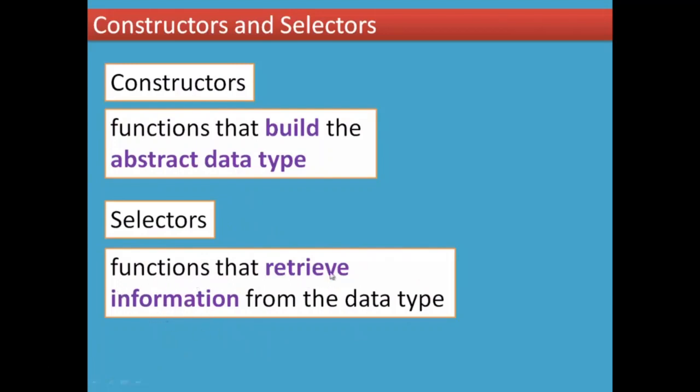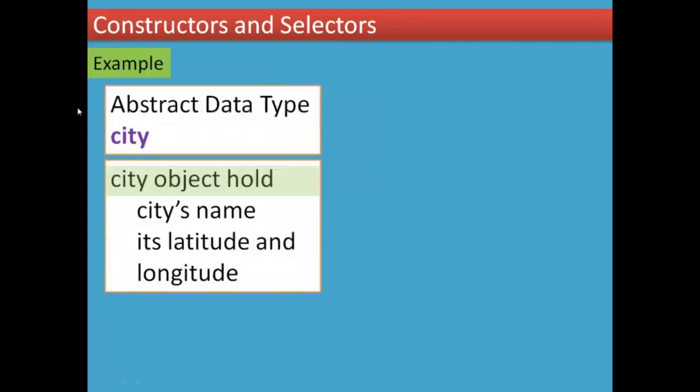Whatever information we give in the constructor is retrieved by the selectors. So those constructors created by the abstract data type are used for hiding the unnecessary information.